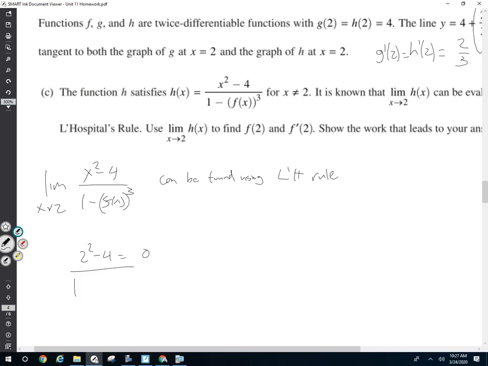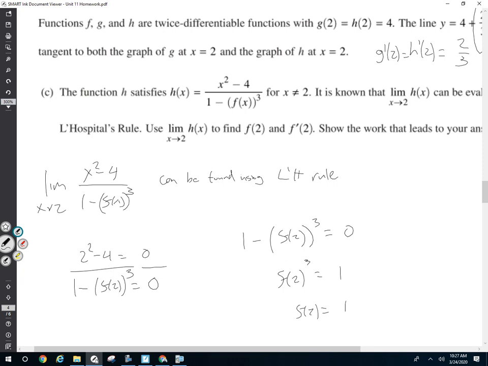Well, that means the 1 minus f of 2 cubed also has to equal 0. So 1 minus f of 2 cubed has to equal 0. f of 2 cubed has to equal 1. Subtract 1, divide by -1, or just add the f of 2 cubed. Cube root it. f of 2 has to equal 1.